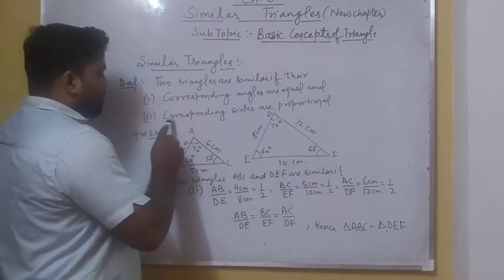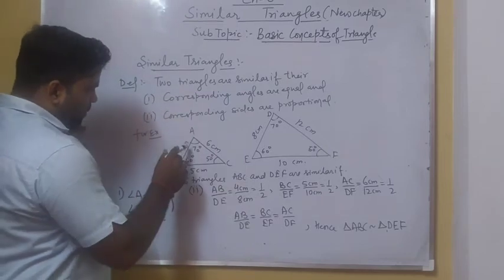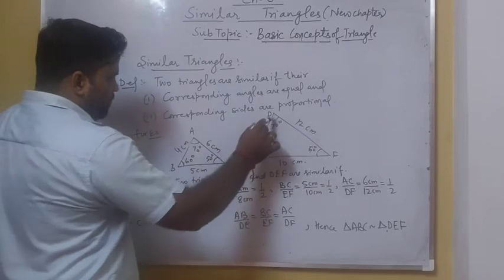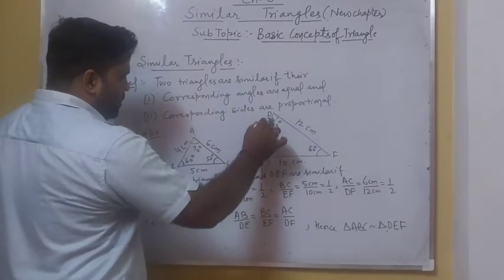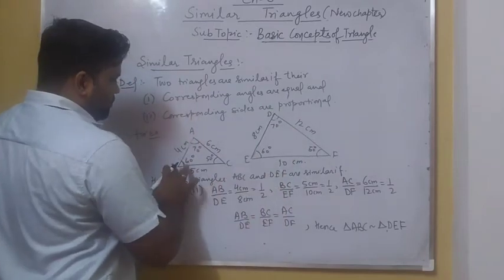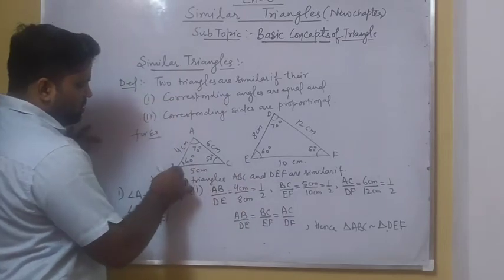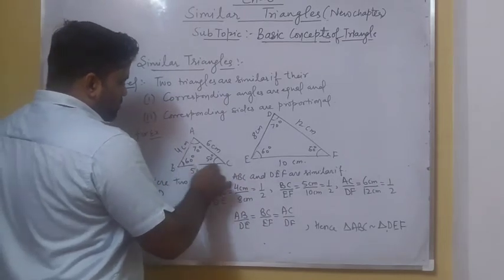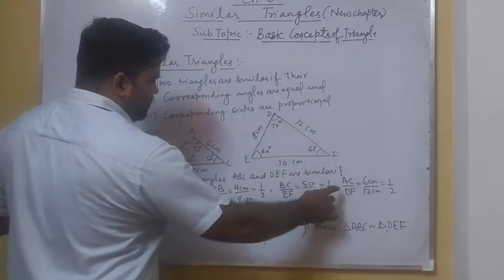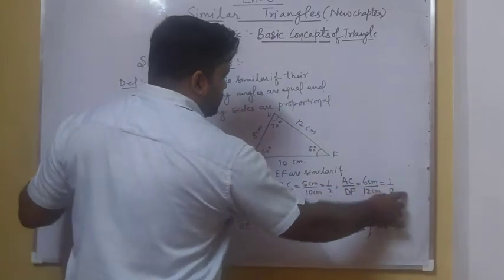Now let us find whether corresponding sides are proportional or not. When we find the ratio of AB with the corresponding side DE of triangle DEF, the ratio of AB to DE comes to 1 by 2. Similarly, the ratio of BC to side EF is 1 by 2. Similarly, the ratio of AC to DF is 1 by 2.